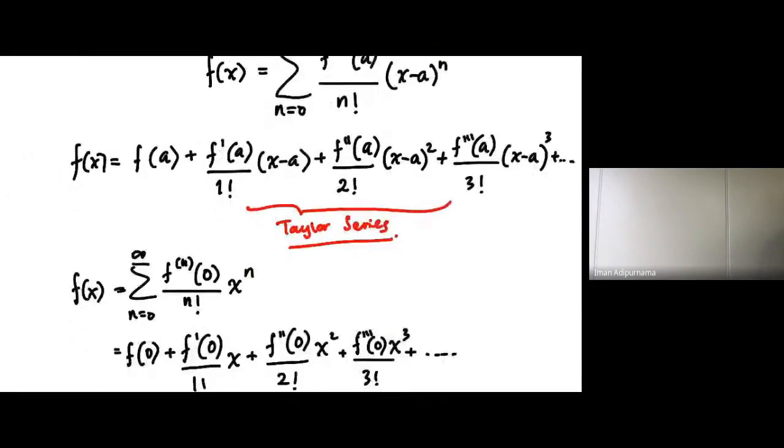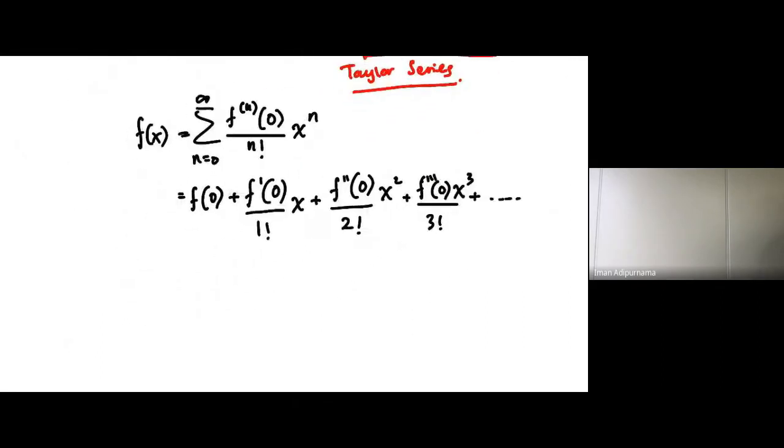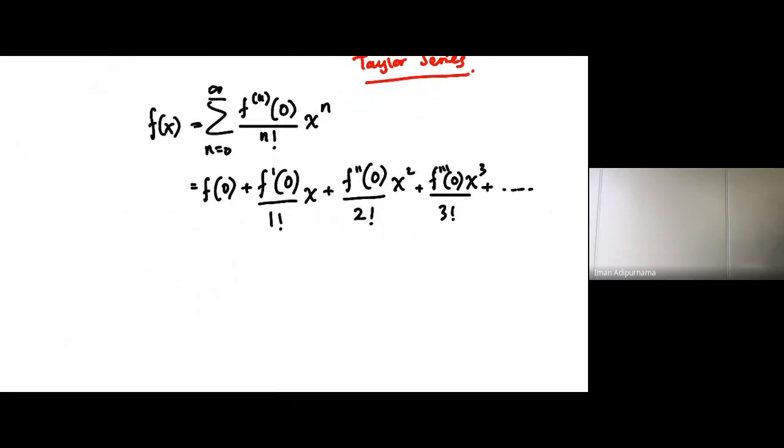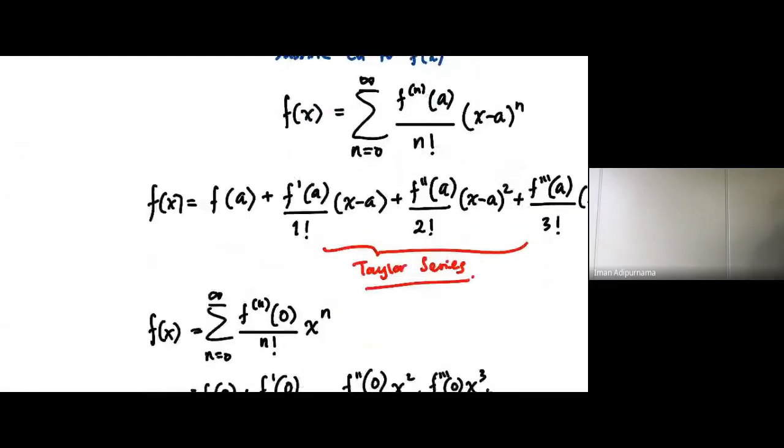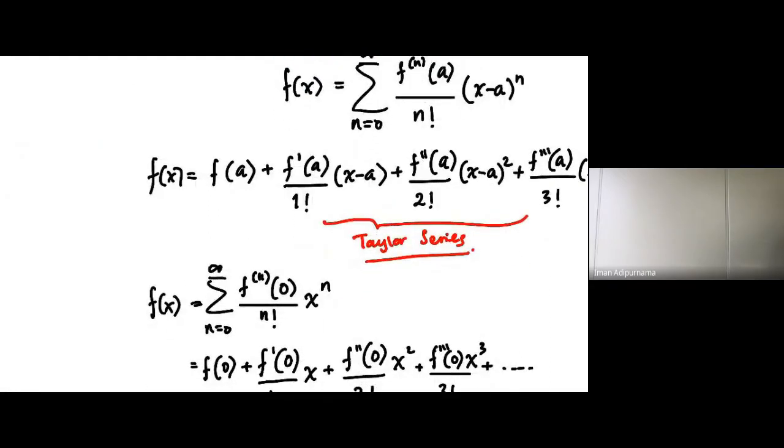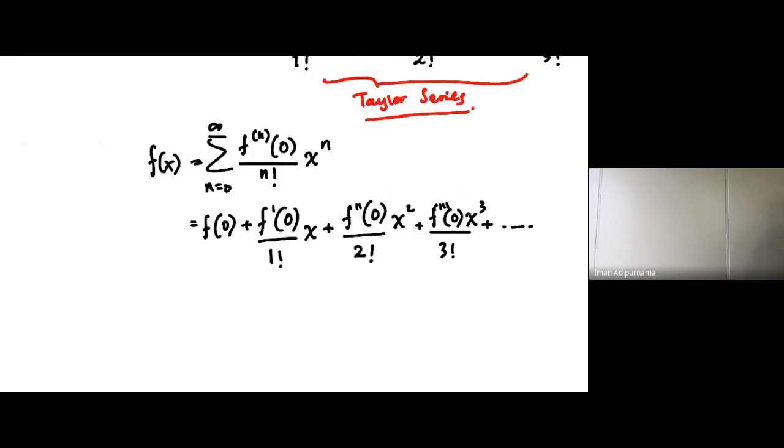We cannot make sure the Taylor series is equal to the function. But if the function has a power series representation, then we can make the Taylor series. That's for sure. So you need to make sure the function itself is a representation of the power series.